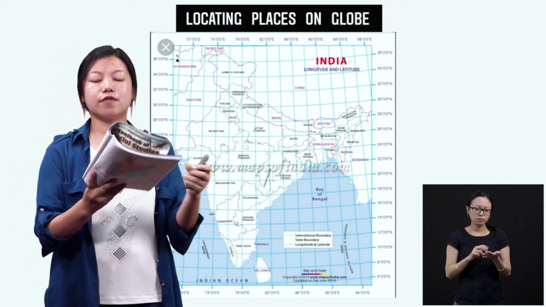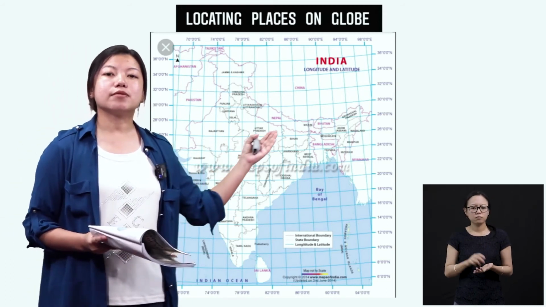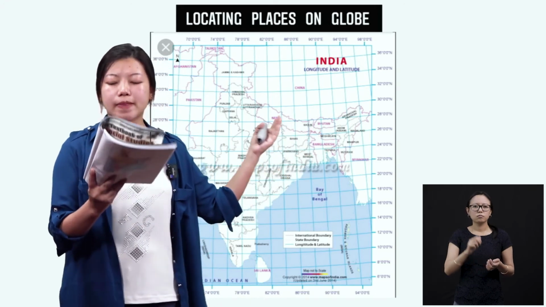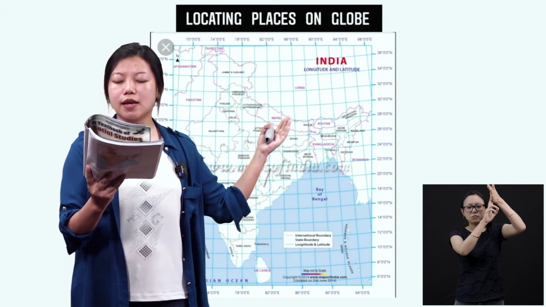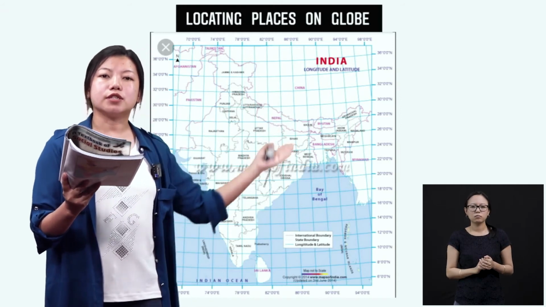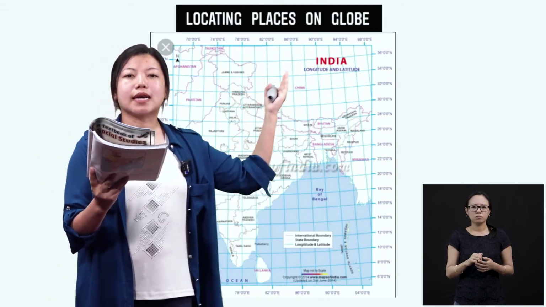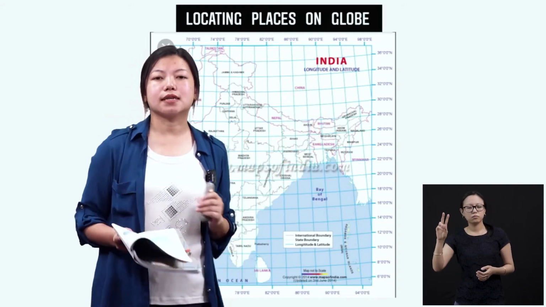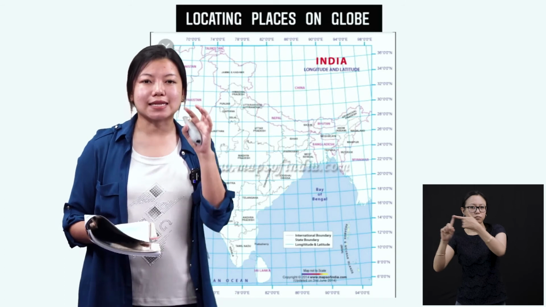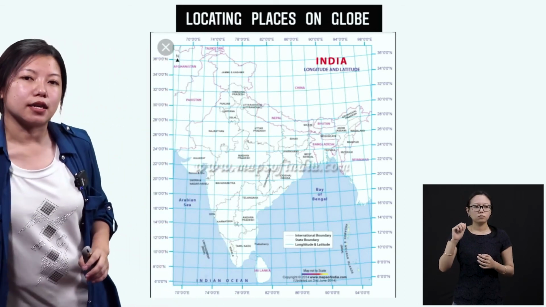Okay, so Nagaland falls from 20 degree north to 28 degree north of latitude. Then talking about the longitudes, it is from 92 degree east to 96 degree east. So that is the exact location of Nagaland, okay?